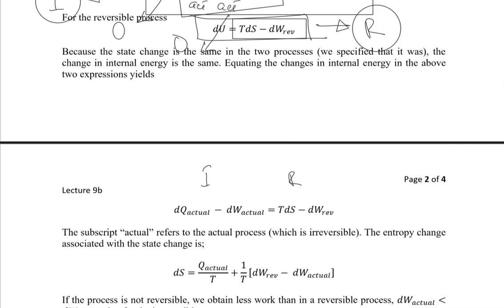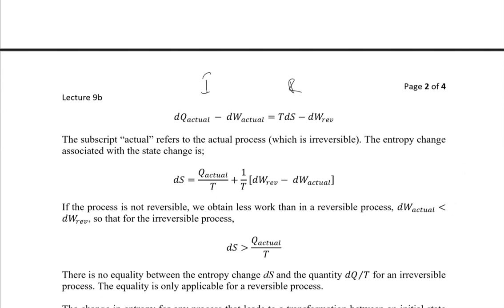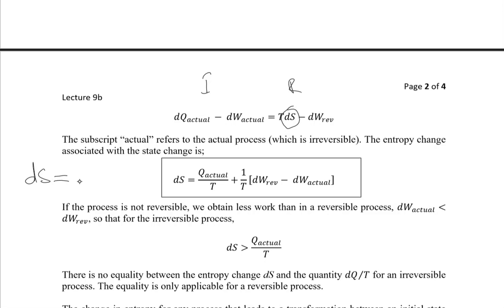Let's rearrange this equation for the term we are interested in, which is the entropy change, dS. Rearranging this equation, we get something like this. If you compare this with the equation of the reversible process, dS would be equal to dq by T for a reversible process.